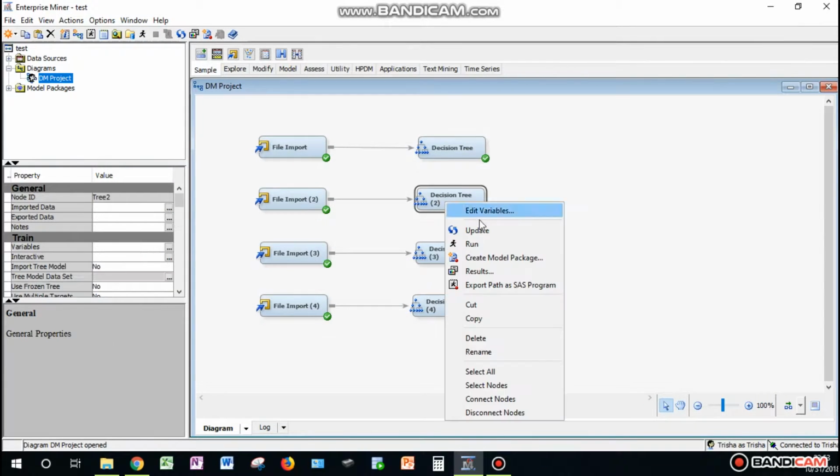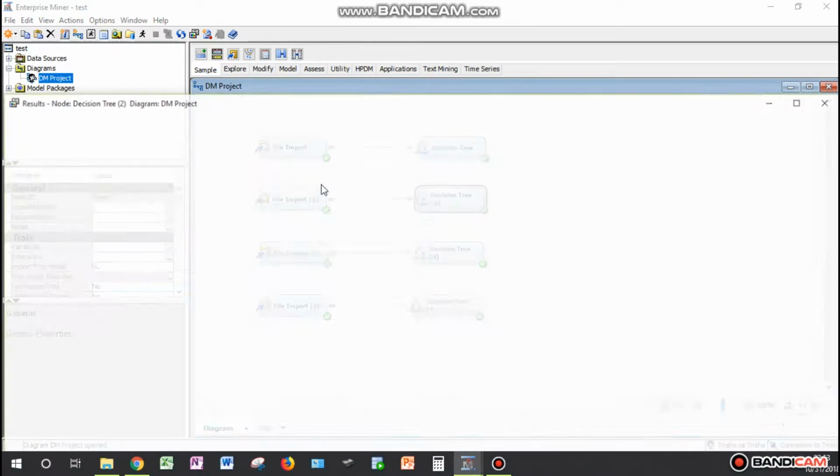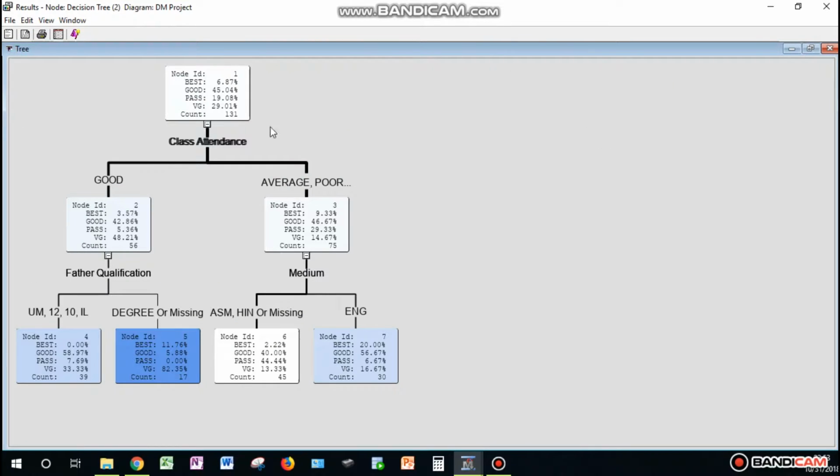So if we open this decision tree, we can see that the students that perform very good or best on the Class X percentage are about 35% of the sample. And if we look at class attendance with good, the very good and best did better than the average percentage-wise of that sample.